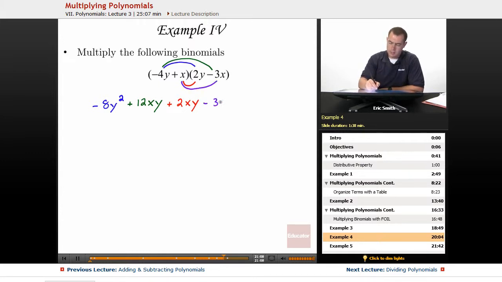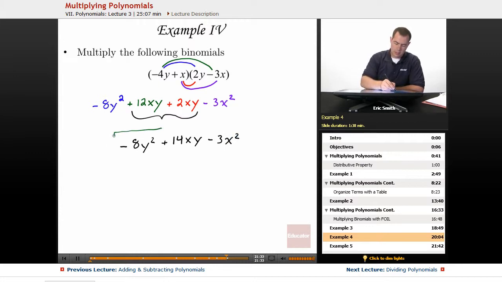Minus 3x squared. Okay, now that we have all of our terms, notice how our outside and inside terms happen to be like terms, so we'll put them together. This will give us our final polynomial. So 8y squared plus 14xy minus 3x squared. And now we can say that this one is done.